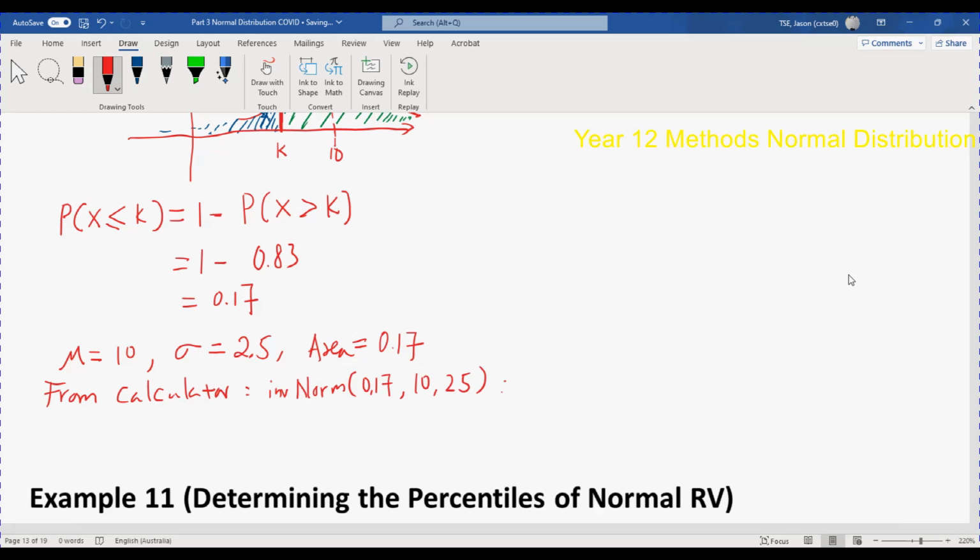All right, then you find the k value. K value is 7.615. That's how you can find the k value. Is that okay?